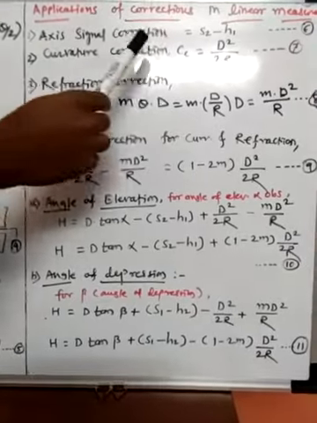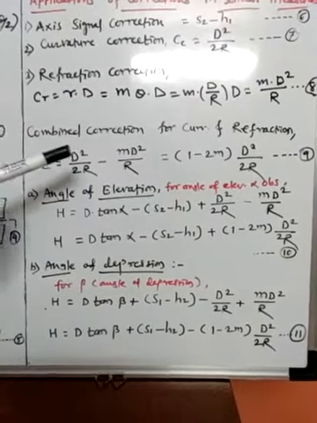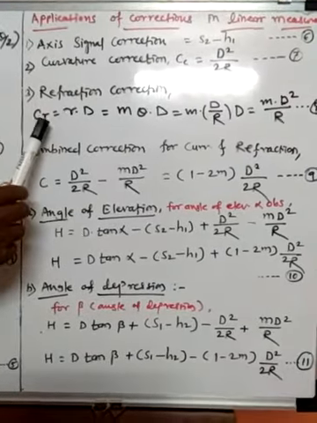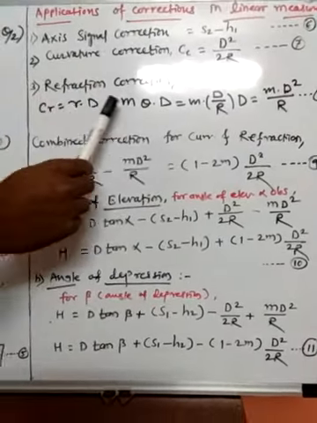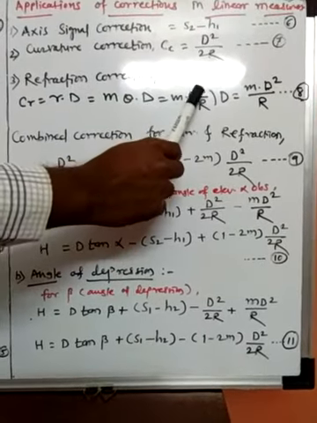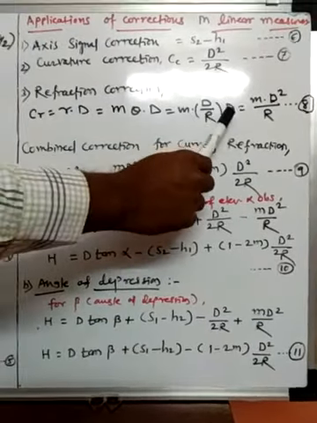Then the curvature correction CC equals D square divided by 2R, which is equation number 7. Then the refraction correction CR equals m theta into D, and putting theta as D divided by R, it is m D square divided by R, which is equation number 8.